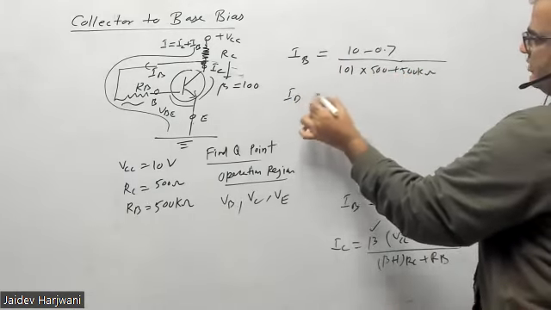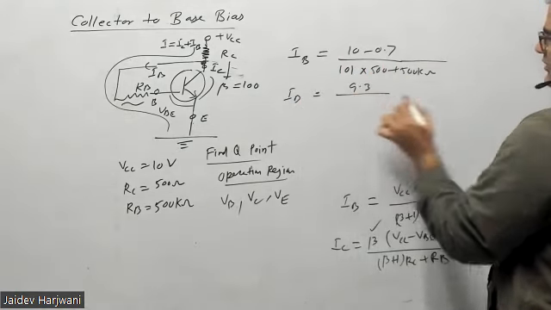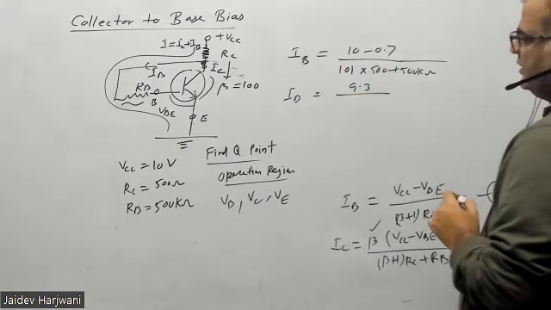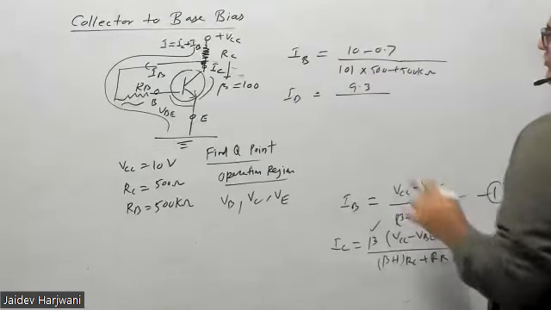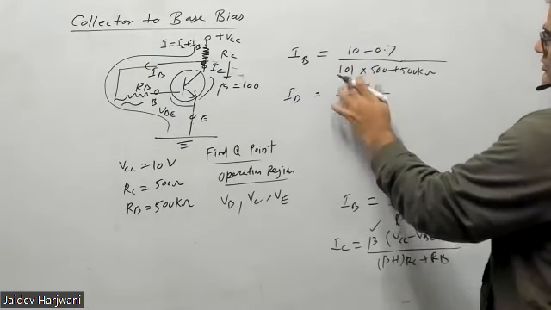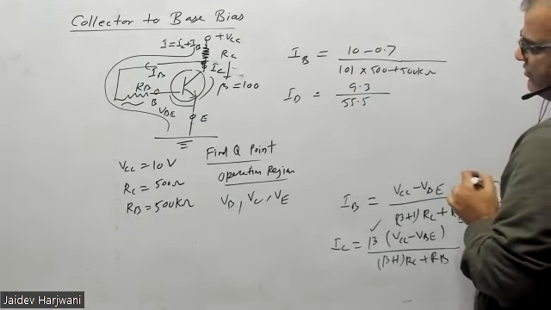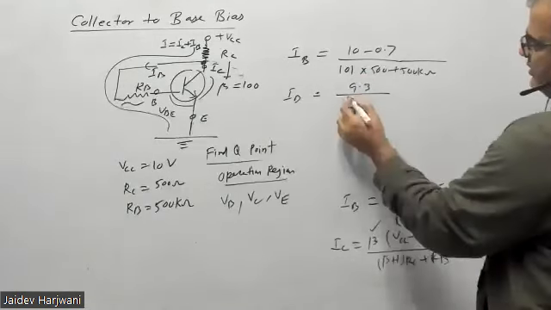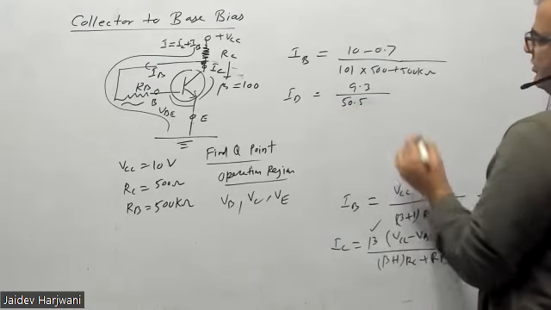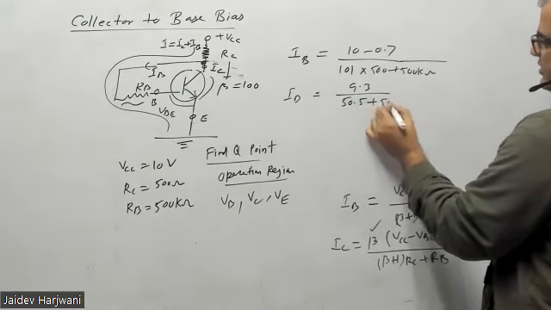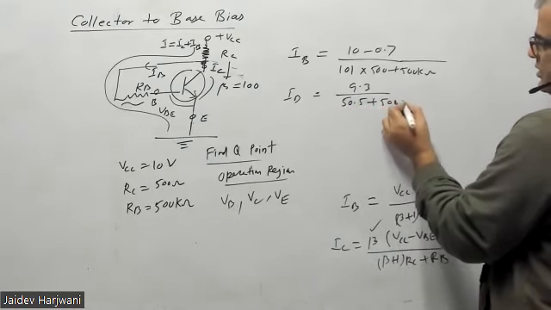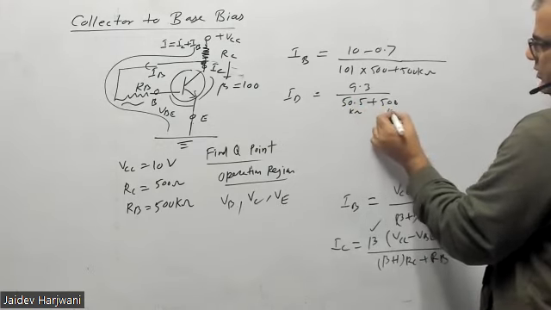Your IB will be what? 9.3, and this is 0.5 kilo ohm, so this is how much? 50.5 kilo ohm, and this is 500 kilo ohm. All are kilo.